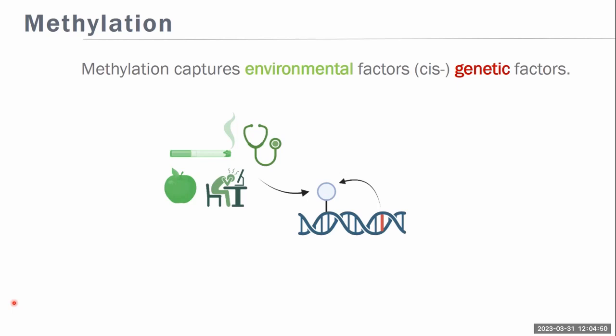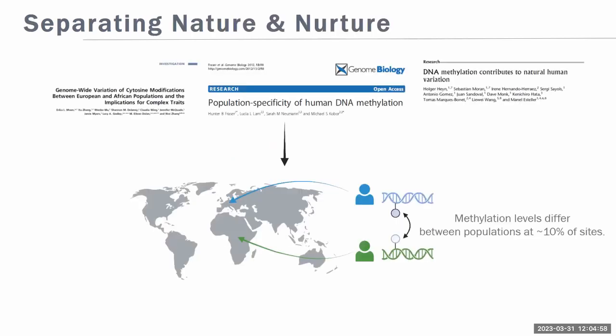When people started measuring methylation in humans, one of the first things they did was compare it between populations. The upshot was that at around 10% of methylation sites on the methylation arrays, you saw differences between populations.